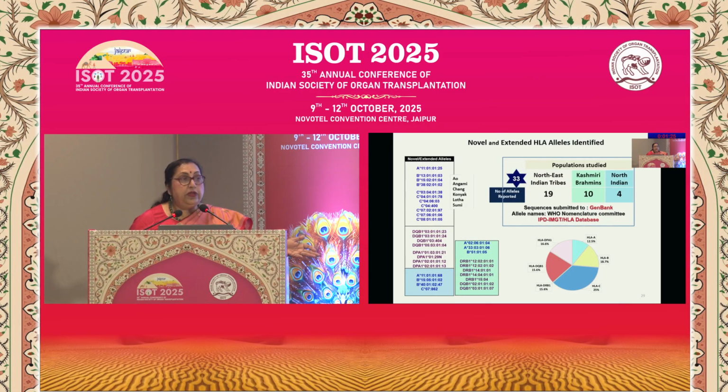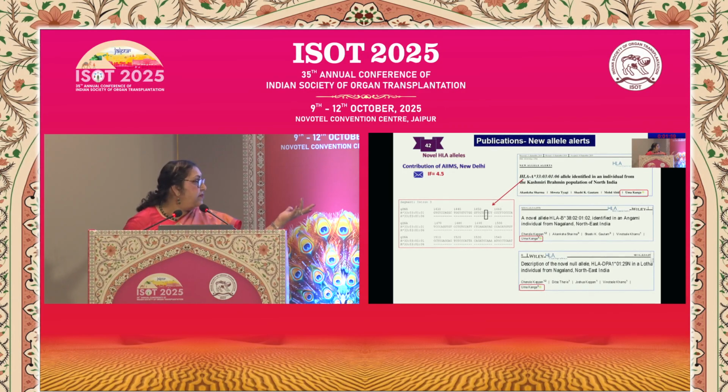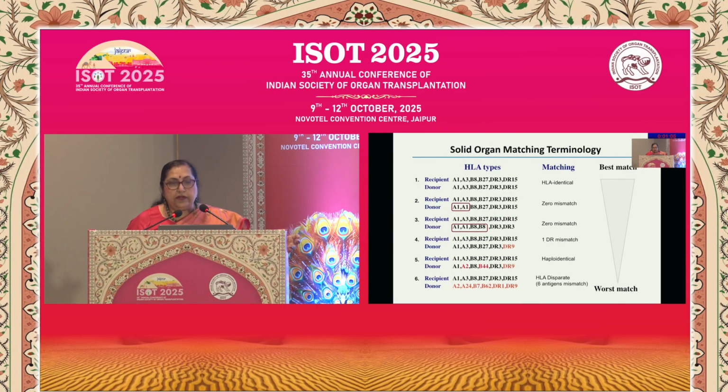Sometimes we feel very pathetic, in the sense that if a patient has these novel alleles and we don't have the beads on the antibody profile where we need to test, then we may sometimes miss the antibodies to those. So these novel genes are there. We've published many of them, and no matter what technology is available, we still carry on with the transplant.